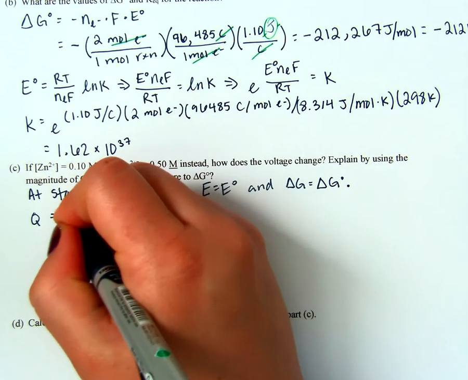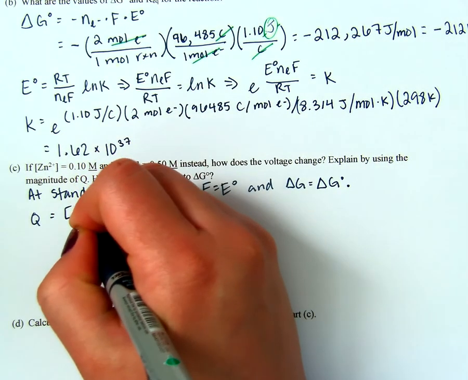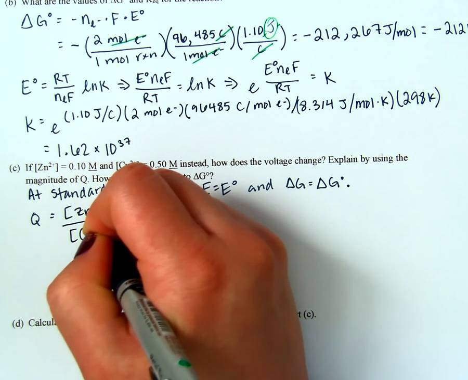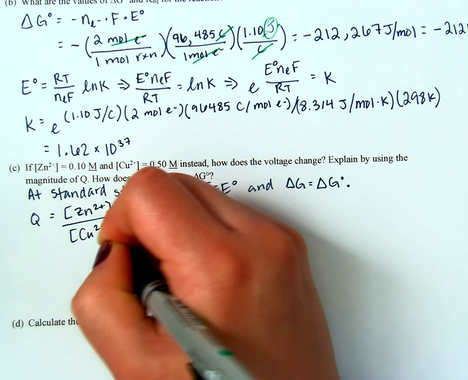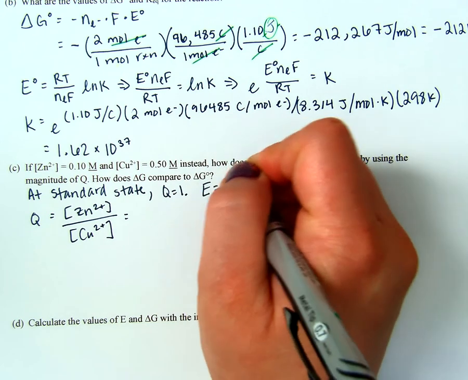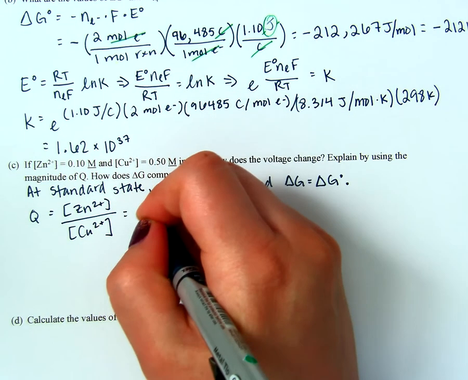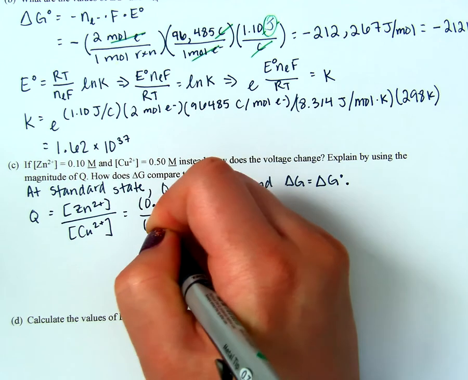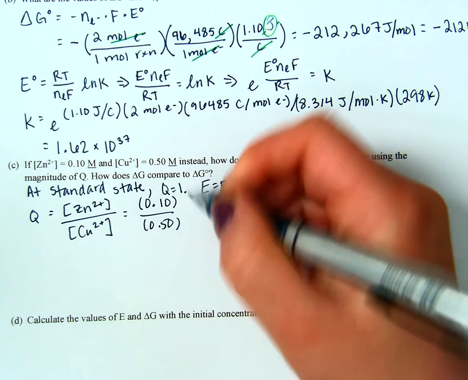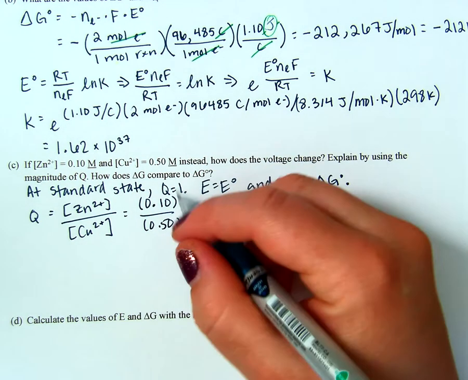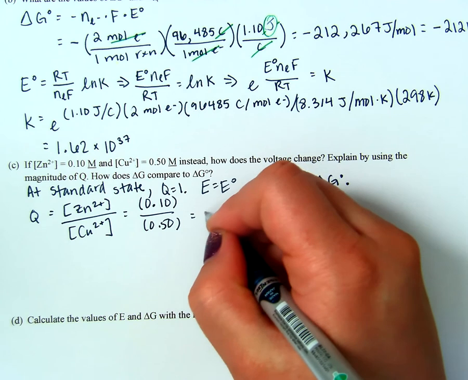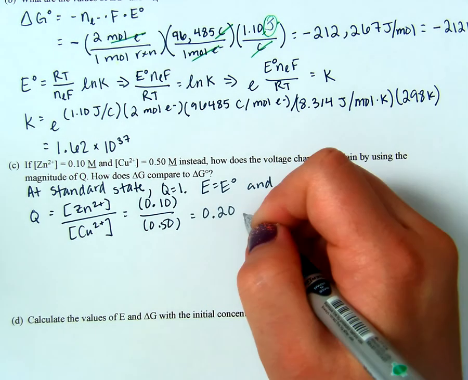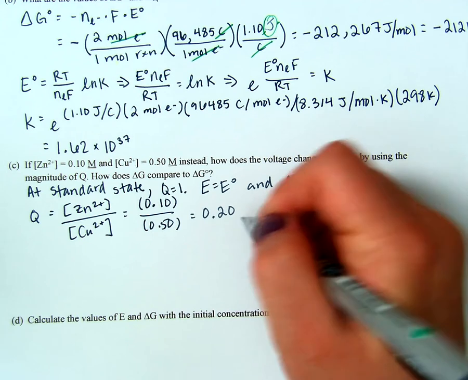So Q equals my concentration of zinc ions over my concentration of copper ions, and then just plugging in those numbers that are given to me in this problem right here. That's 0.10 over 0.50. Of course, 1/5 is 20%, so we can just do that without a calculator. 0.20 is our Q.